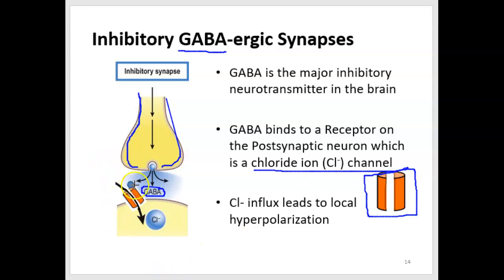So when GABA binds to the receptor, that channel opens. Chloride ion diffuses into the postsynaptic cell. Well, that's a negative charge. So the postsynaptic cell has been hyperpolarized and is less likely to achieve that very first action potential that's needed for a nerve impulse.